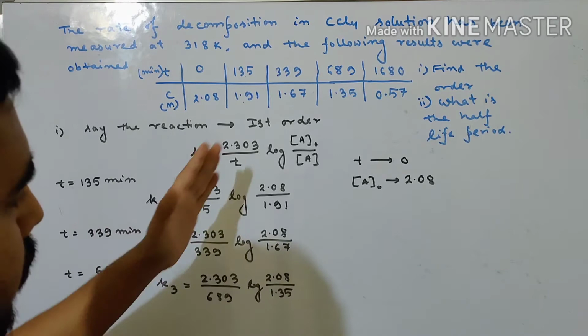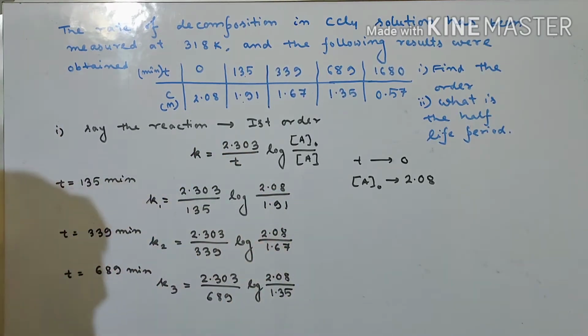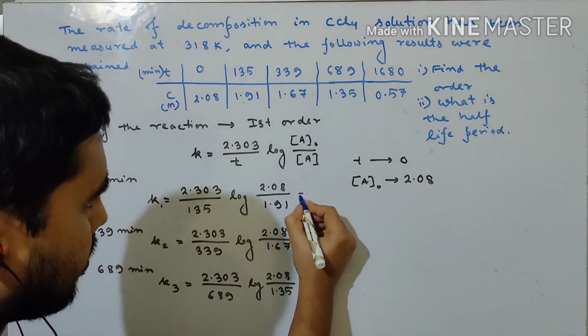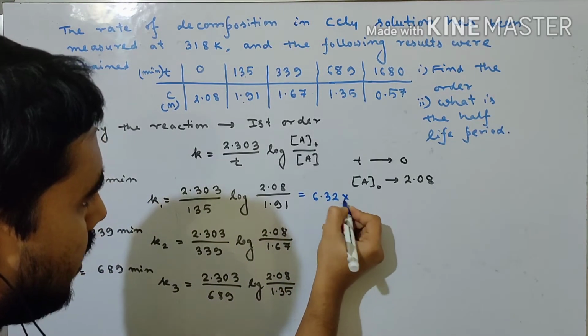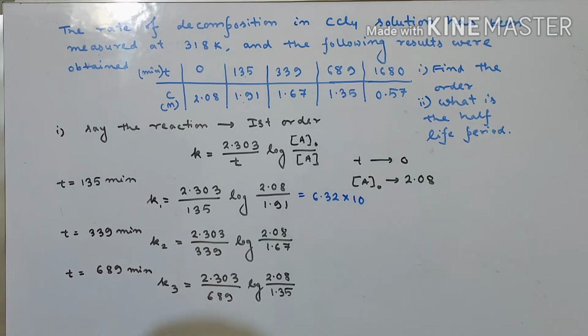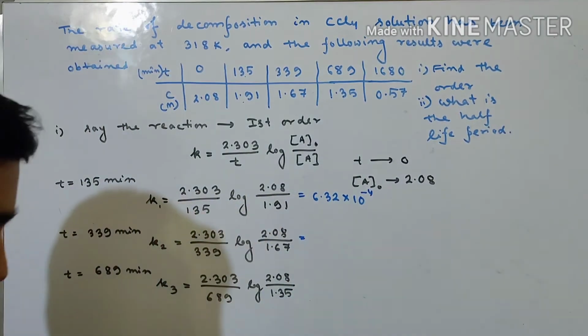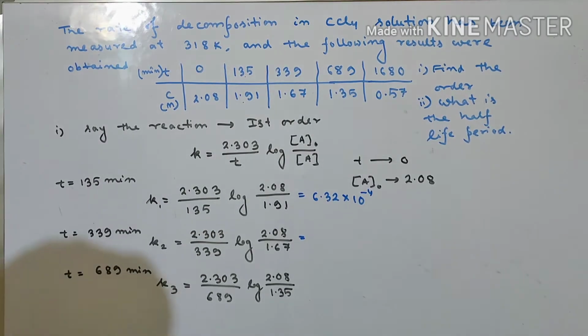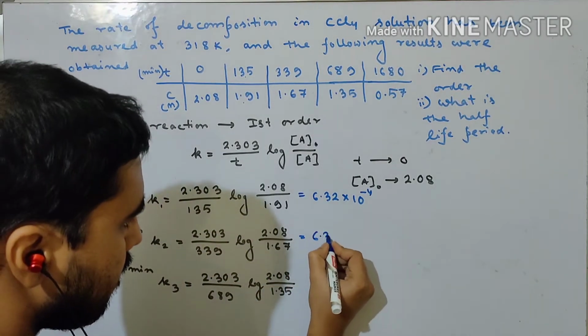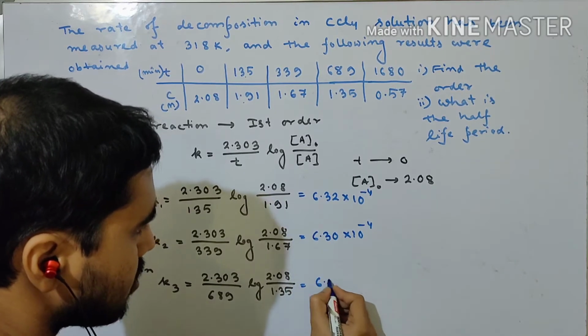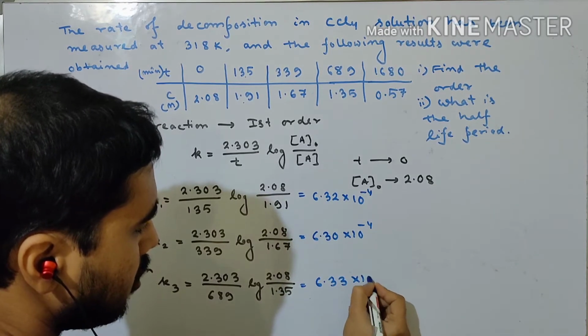Remember, you have to use the log table. I have pre-calculated. My first value is 6.32 into 10 to the power minus 4. The second value that I am getting is 6.30 into 10 to the power minus 4, and the third value is 6.33 into 10 to the power minus 4.